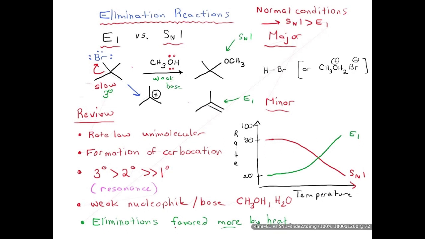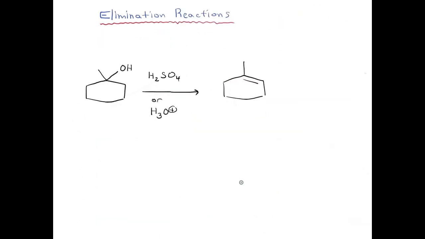Now there's a secondary case where elimination or E1 reactions tend to be favored, and here's an example. If we take, for example, a tertiary alcohol and add a strong acid, this is a strong acid, sulfuric acid, and it's also non-nucleophilic.